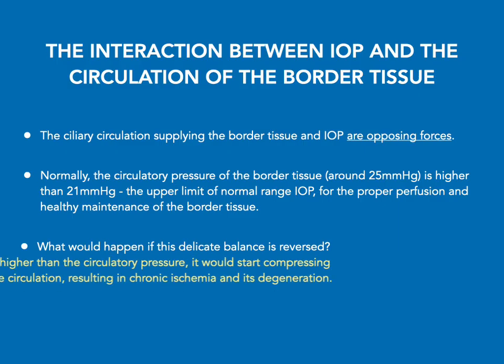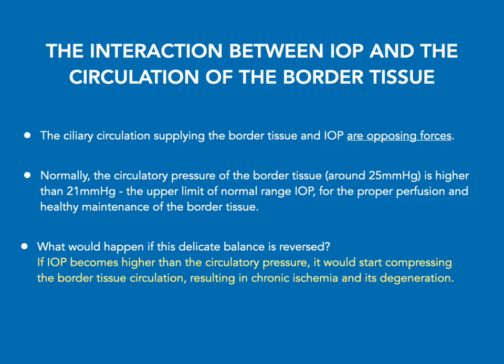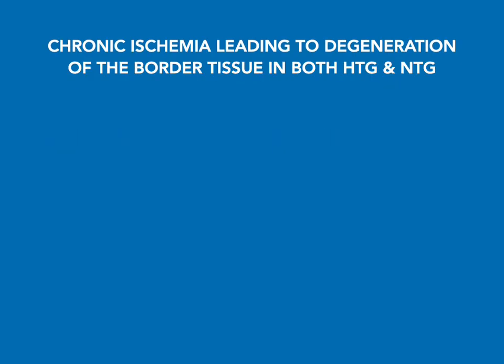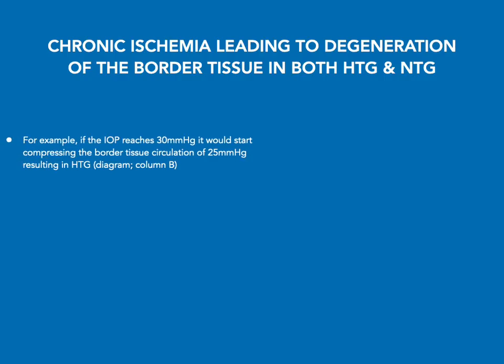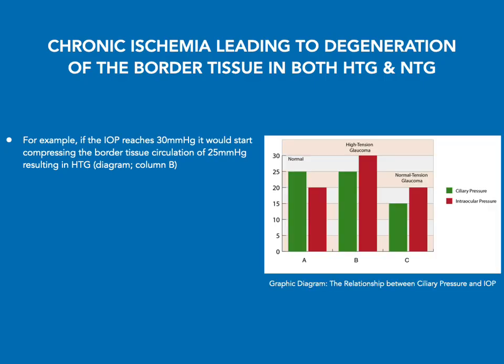Well, if IOP becomes higher than the circulatory pressure, it would start compressing the border tissue circulation, resulting in chronic ischemia and degeneration. For example, if the IOP reaches 30 millimeters of mercury, it would start compressing the border tissue circulation of 25 millimeters, resulting in HTG. We can see this on the right in the schematic diagram in column B, which shows the IOP at 30, which is higher than the ciliary pressure at 25.